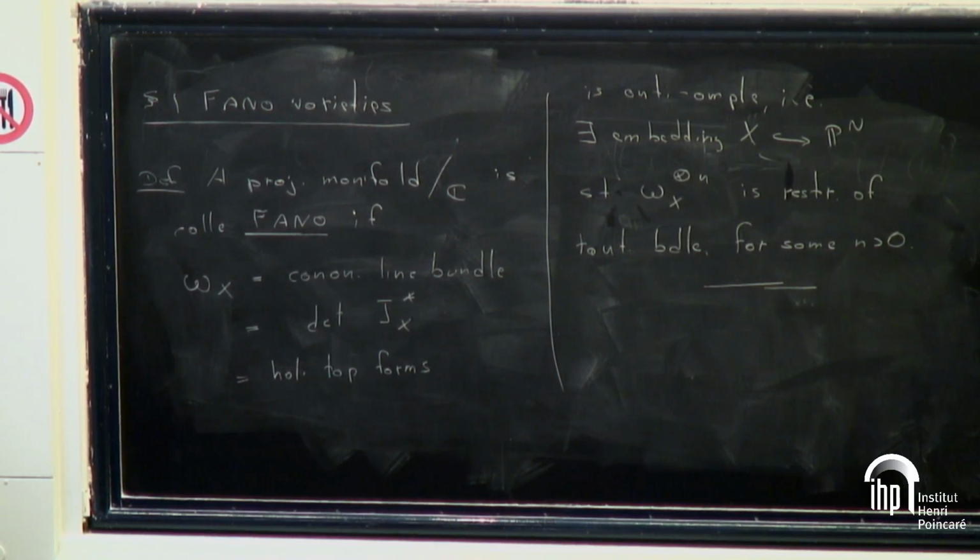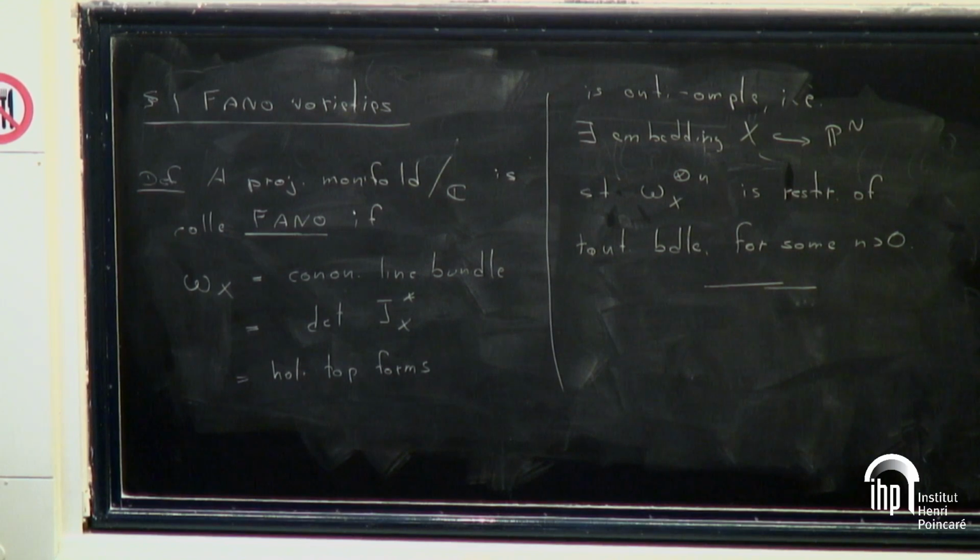So let me recall. If X is an algebraic curve, or if you wish, a compact Riemann surface, there are basically three possibilities.